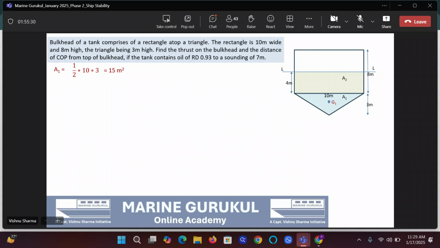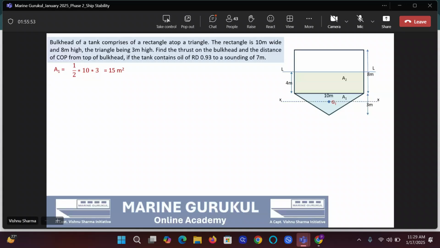What is the distance of the geometric center of A1, shown as G1 in the diagram, from the liquid level? What is D1LL, guys? Give me the full answer. What is D1LL? 5 meters.